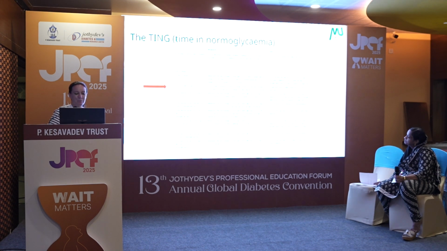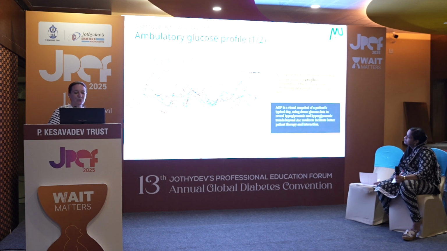Discussing about it. And I promised you to talk a bit about the ambulatory glucose profile. So in the past, before we had the standardized metrics, we had very difficult to interpret spaghetti curves over time in different colors, and you could not make an easy representation out of that.